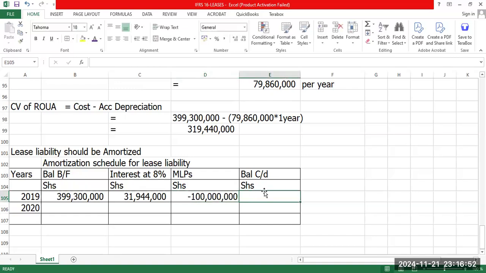Okay. Then how do you get balance carried down? You get your balance brought forward, add interest, then subtract minimum lease payment.